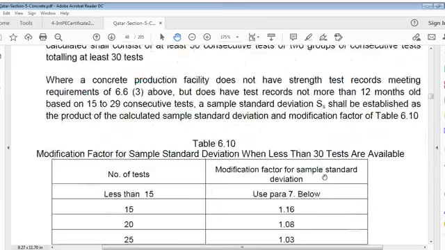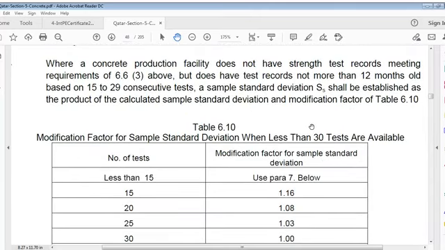Where a concrete production facility does not have strength test records meeting requirements of 6.63 above, but has test records not more than 12 months old based on 15 to 29 consecutive tests, a sample standard deviation Ss shall be established as the product of the calculated sample standard deviation and the modification factor of Table 6.10.